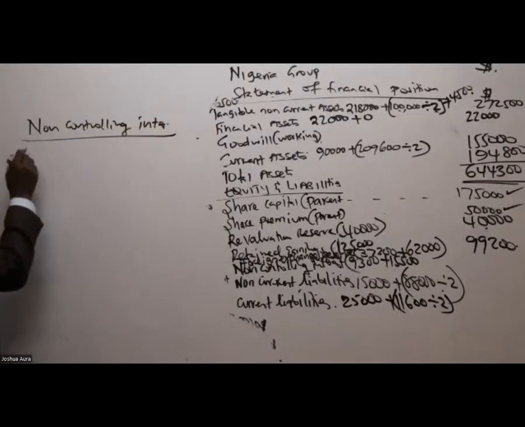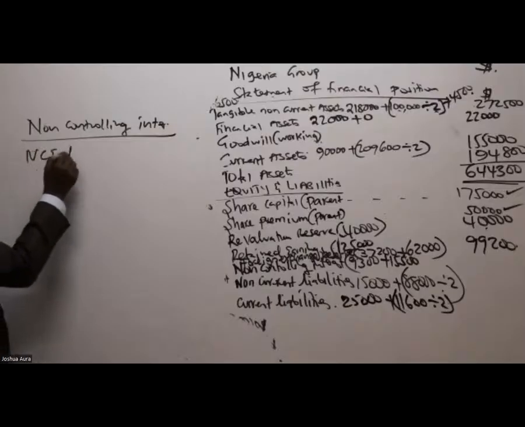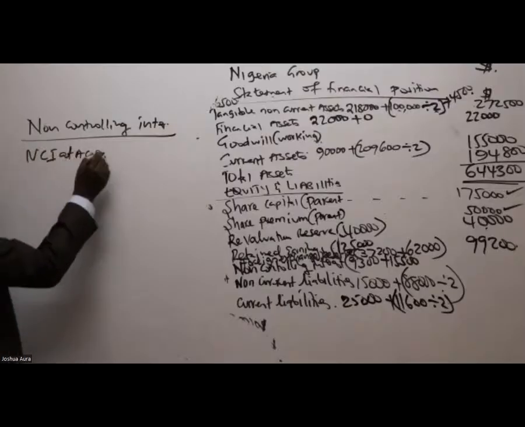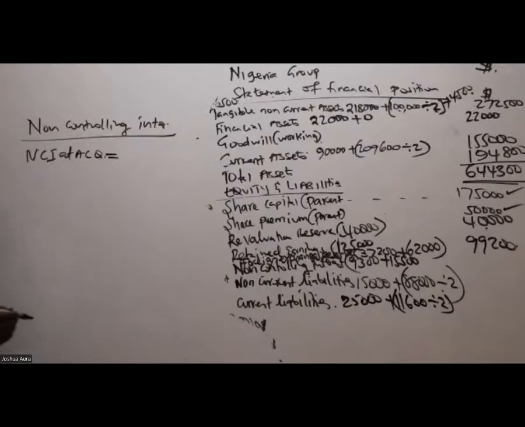For non-controlling interest, there was NCI at acquisition. Tell me, somebody, how much was NCI at acquisition?